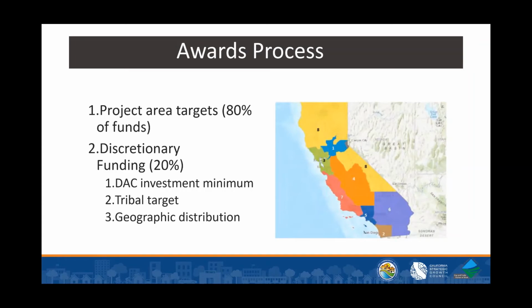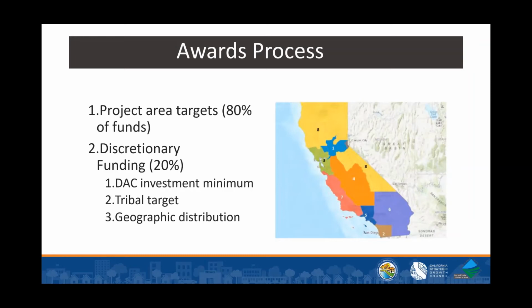That is, at least one project from a qualified tribal entity that is otherwise fully eligible will receive an award. After that, the remaining discretionary funds will be used towards a geographic distribution. That is new to this round, and it sets a target of awarding at least one project in each of the 8 geographies across California.